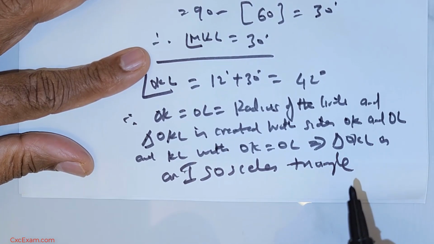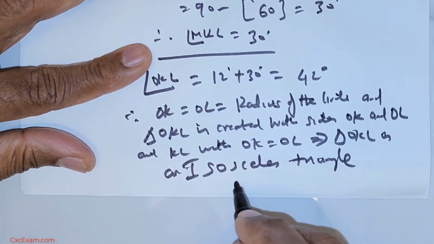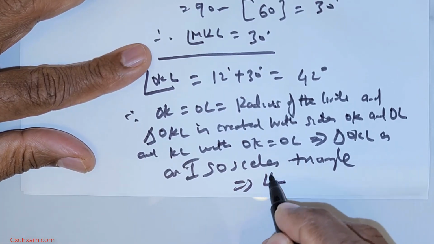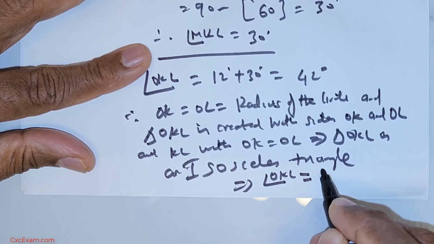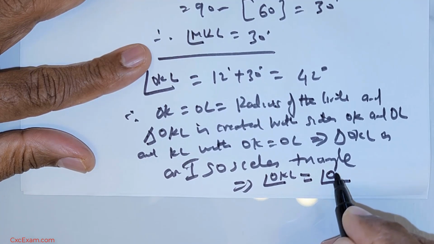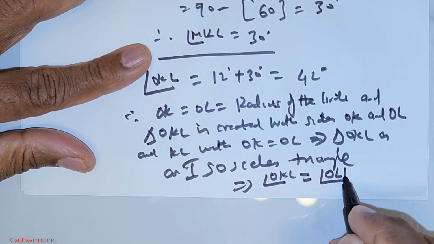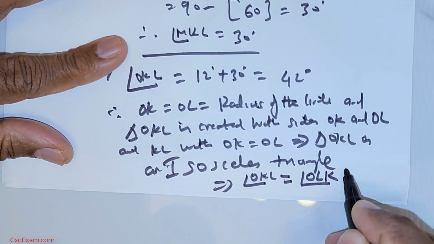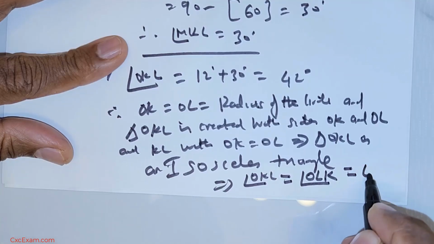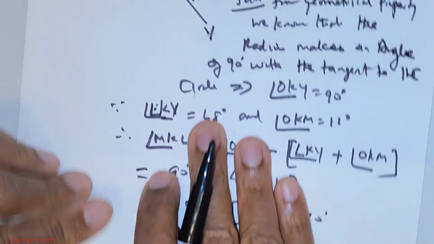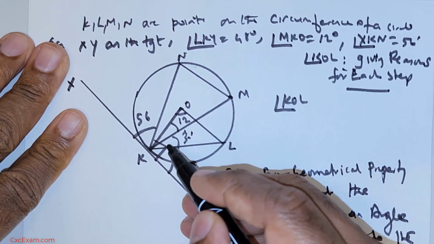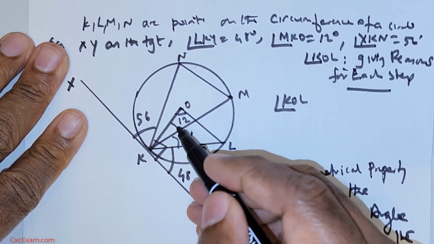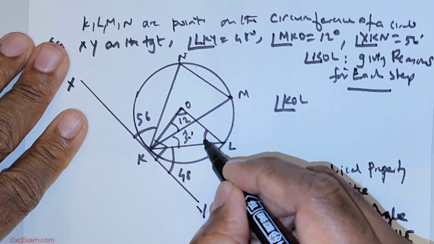So what is the meaning of this? This means angle OKL will be equal to angle OLK, which is nothing but 42 degrees. So OK and OL are the same side. Since they are isosceles, this angle is 42, and this angle will also be 42.